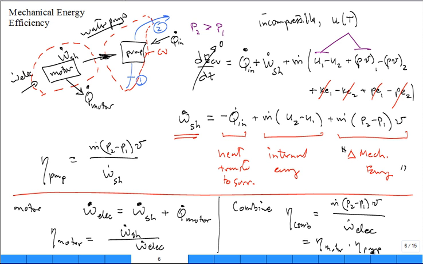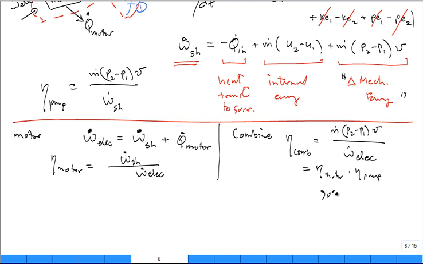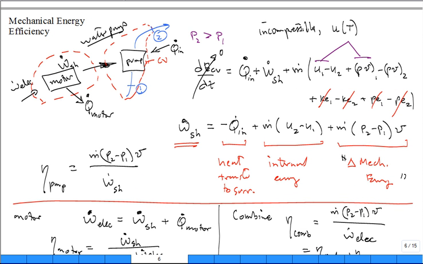And so at every stage you're kind of bringing the efficiency down a little bit. So if this was a 90% efficient motor and 90% efficient pump, it's an 81% efficient system, isn't it? 0.9 times 0.9 is 0.81. And this is a really good lead-in to the Bernoulli equation, okay?